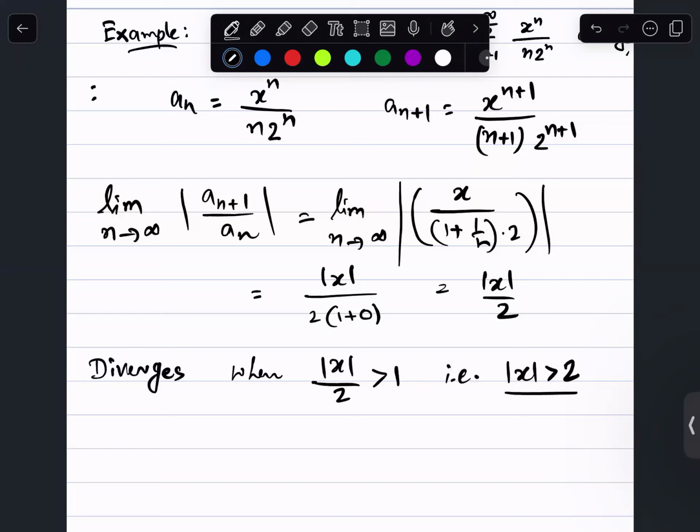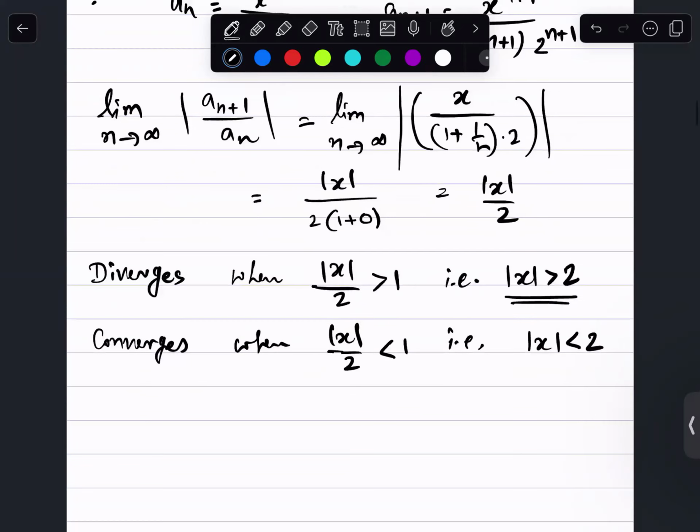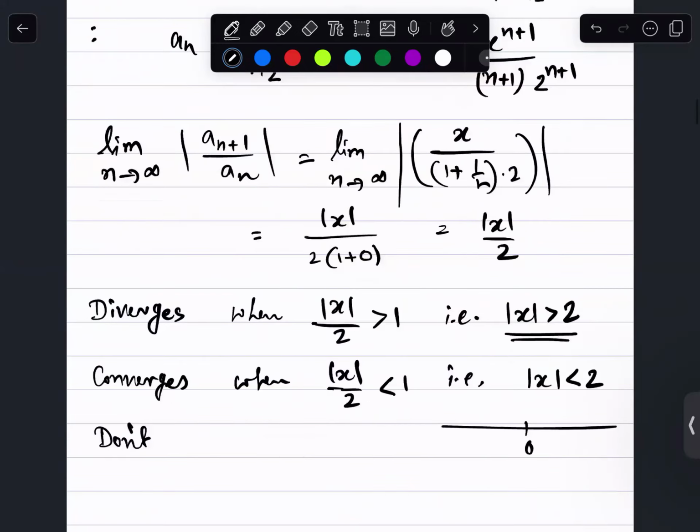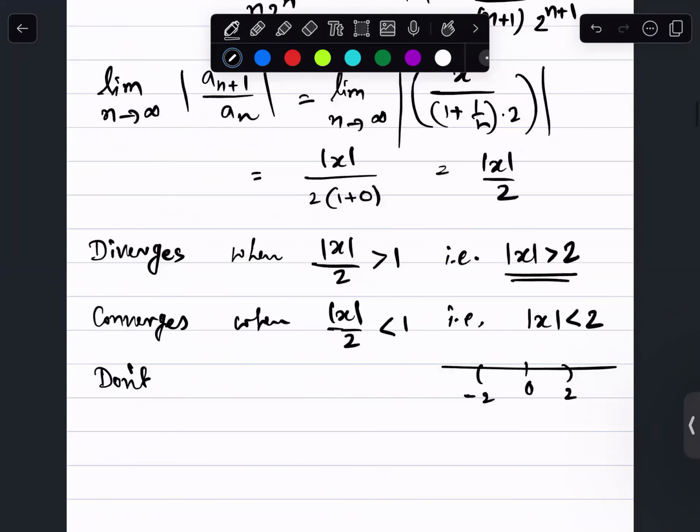So whenever this happens, the series diverges, and it converges when modulus of x over 2 is less than 1. In other words, modulus of x should be less than 2. And we don't know about the endpoints, right? So if I draw the line, then 0 is the center of this power series, and minus 2 to 2 is the primary range for the interval of convergence.